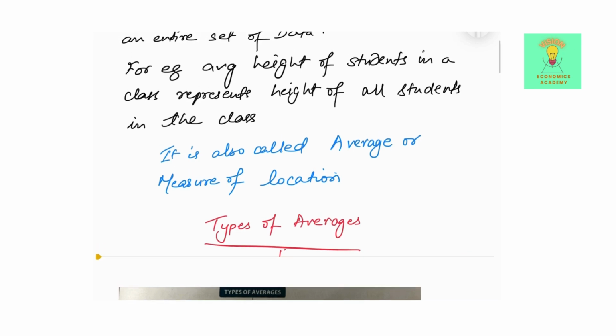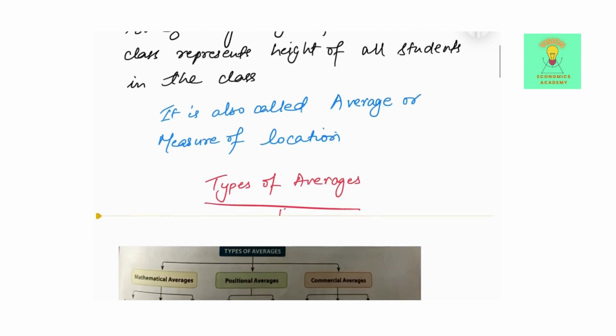So it is also called average or measures of location. There are different names given to it.